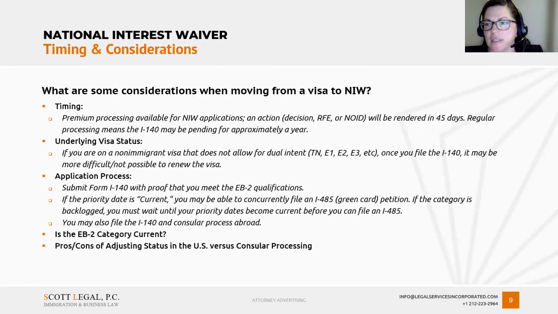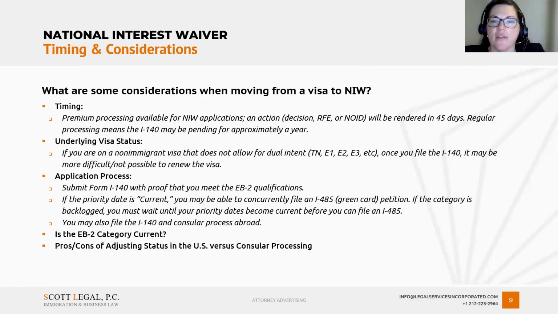Okay, so a little bit about some considerations when moving from a visa to the NIW. It's important to understand that when you are applying for a green card, there are actually two steps to it. The first step is filing what is called the I-140 petition.